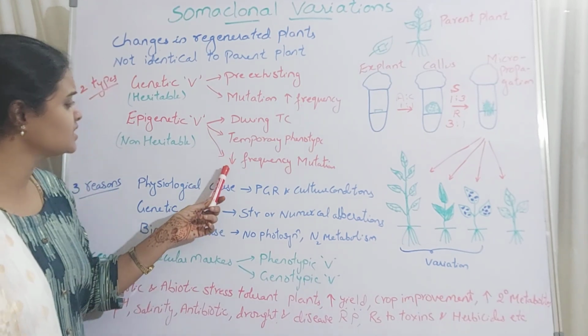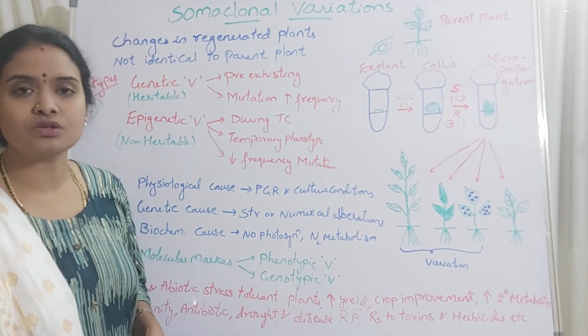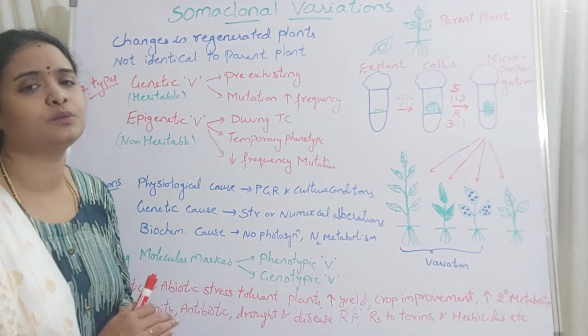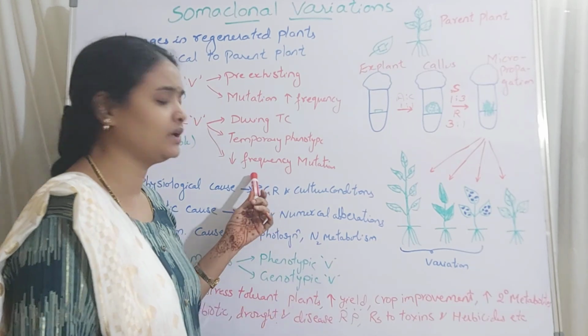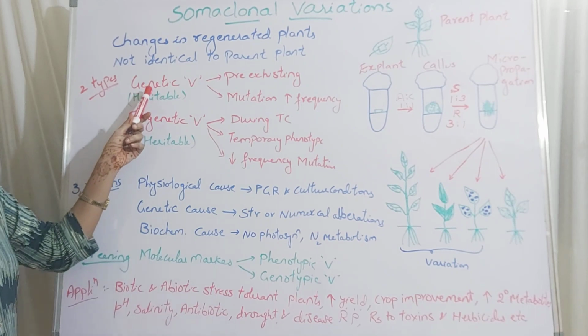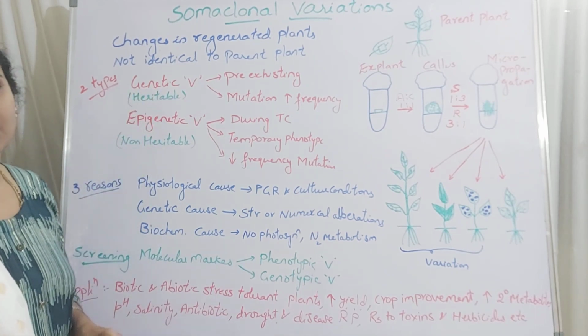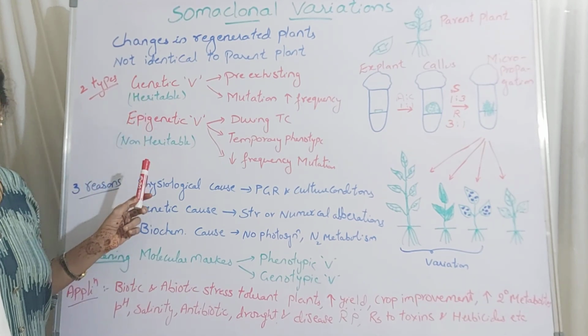The last one is decreased frequency of DNA mutations. If it is a very low DNA mutation, that can be corrected, right, by DNA repair and all. So these are the causes because of which the variations occur. Okay, so it can be heritable or non-heritable.